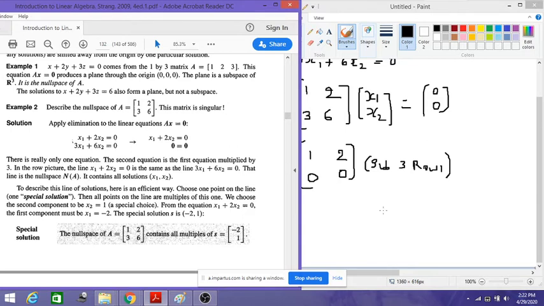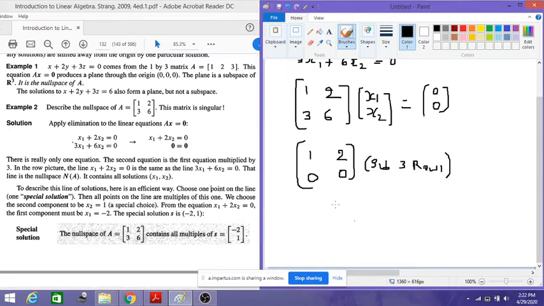Now if you look into this matrix, what are the possible solutions that we have? What does the null space consist of here, and what is the special solution that exists? Now the second row has completely become 0, so there is no point in writing it.